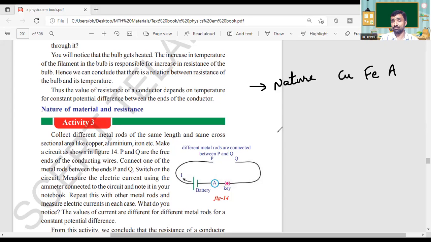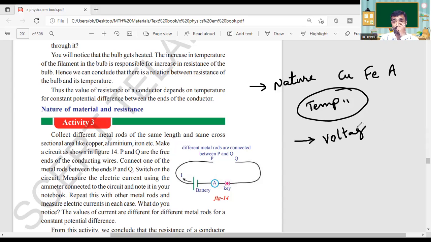So here I'm making a circuit. Here I need to maintain the temperature constant. How can I maintain constant temperature? I follow a simple trick: I don't want to change the voltage.